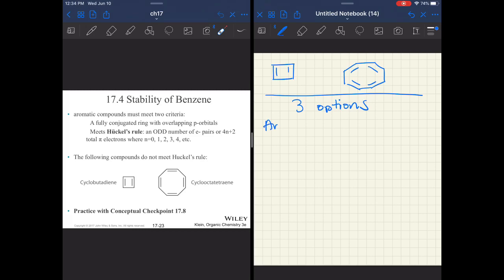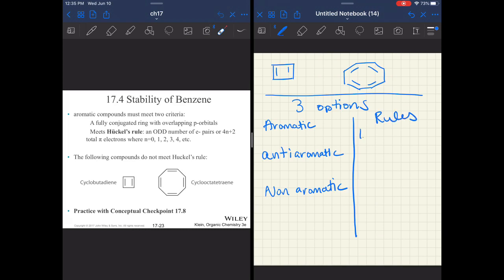Something can be aromatic, anti-aromatic, or non-aromatic. And so we're going to develop some rules here. We're going to look at our 2 rules and see how we can determine which of these 3 categories a compound falls into.